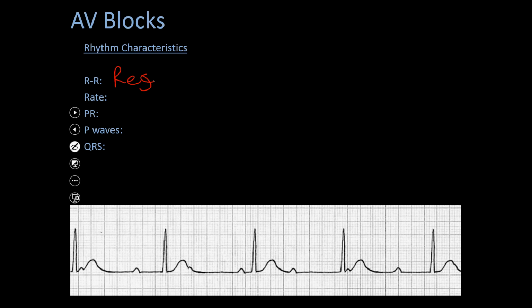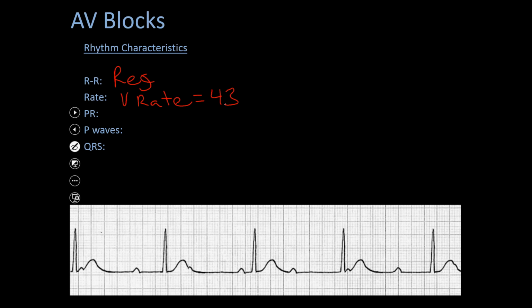Now the rate looks like there's about 7 large boxes between R to Rs. So the ventricular rate is about 43 beats per minute.